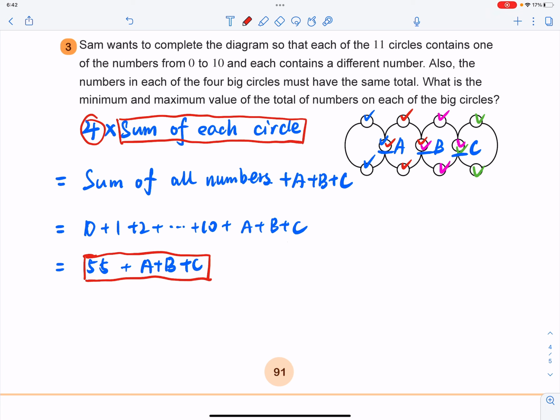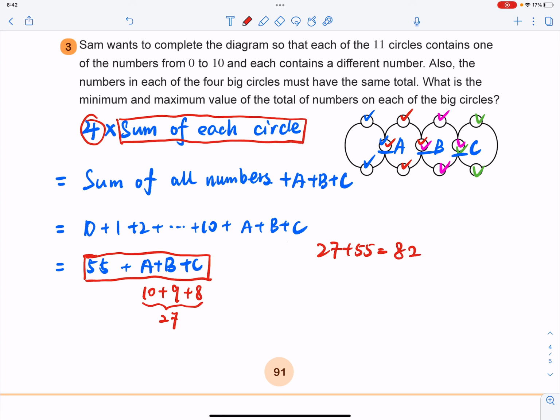So let's see. If you want to get it as big as possible, how about that we have 10, 9, and 8. If you add 10 and 9 and 8, these 3 numbers add up to 27, and 27 plus 55 gives you 82.